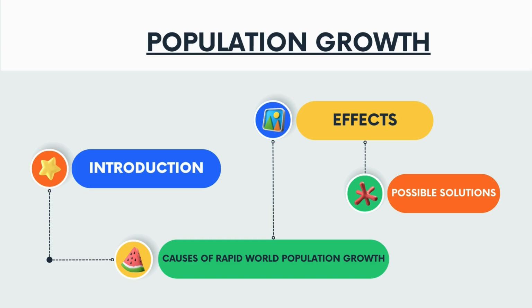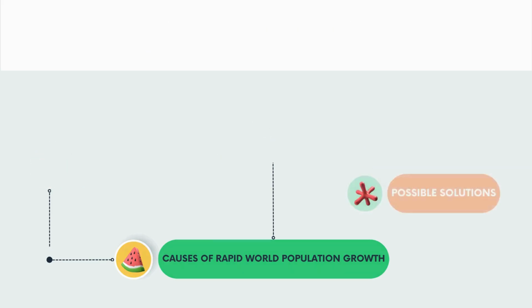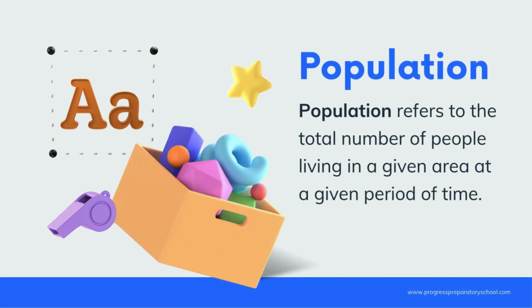What then is population? Population can be defined as the total number of people living in a given area at a given period of time.